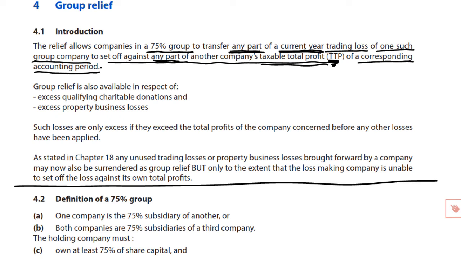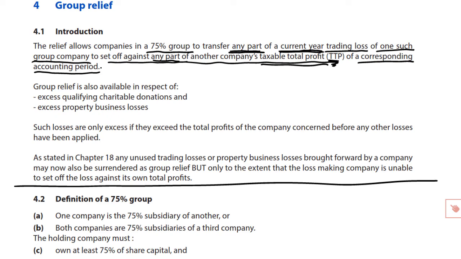But what may happen in exam questions is that you may get what goes by the glorious title of non-coterminous accounting period ends, where it's just a technical question of how much of the loss-making period corresponds with how much of a profit-making period. And you have to time apportion accordingly. You have to match like with like. But don't worry, the note and examples on that are coming up just a little bit later.